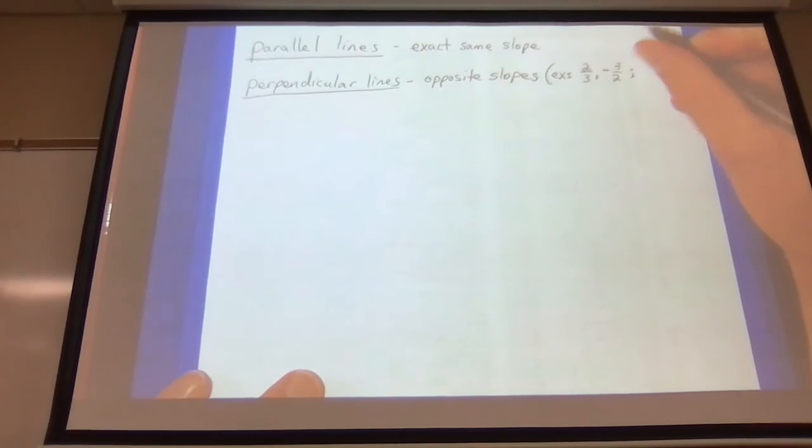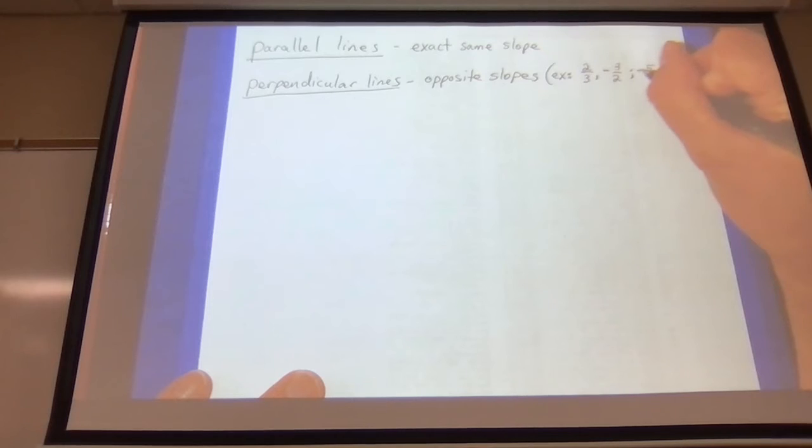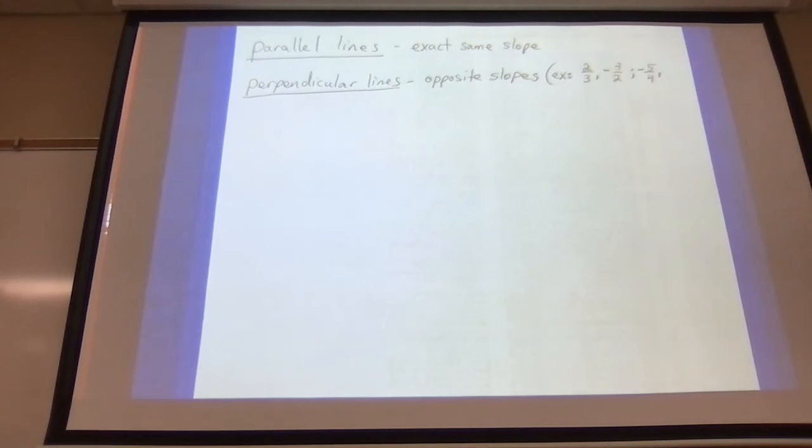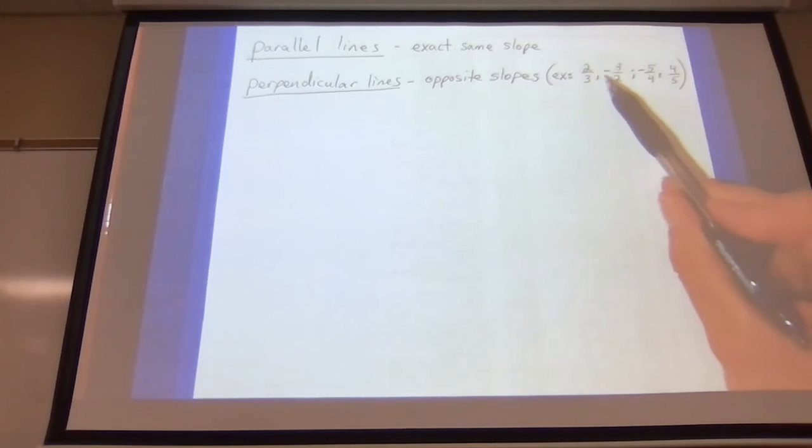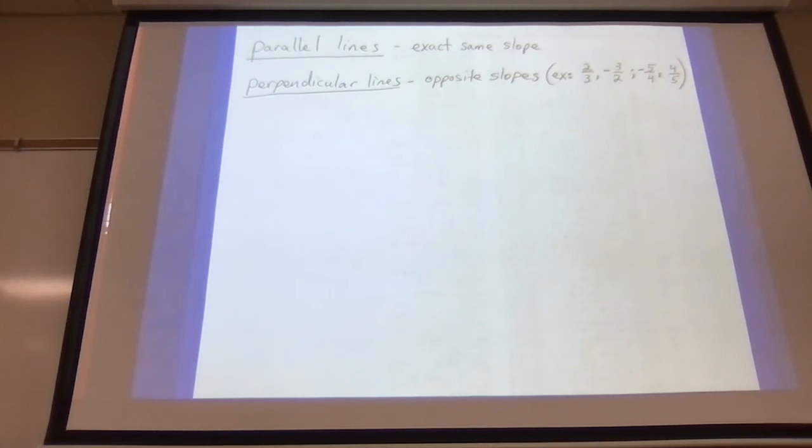Let's do another one. Say we have a slope of -5/4. What's the opposite of -5/4? 4/5. So they're going to have the exact opposite slope. That means they're going to be reciprocals of each other. And one of them is going to be negative, one of them is going to be positive.